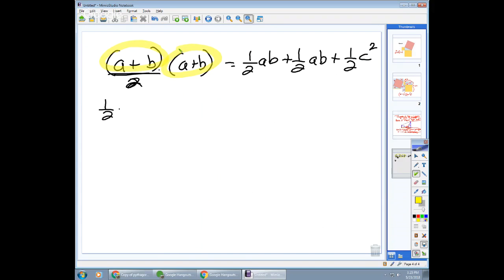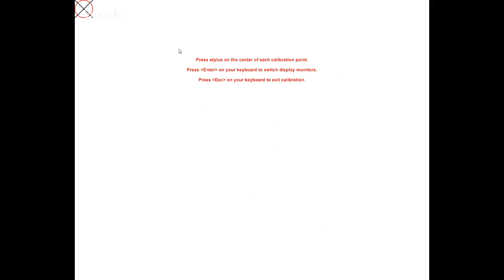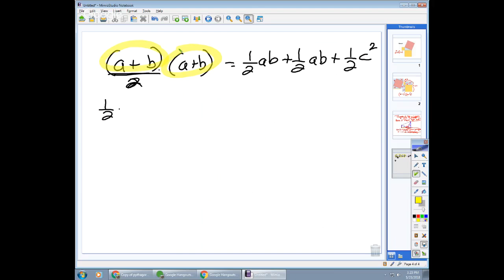So do your best to multiply a plus b times a plus b, see what it shakes out to be. I'm going to rewrite my board quick because it was slipping. What is a plus b times a plus b?